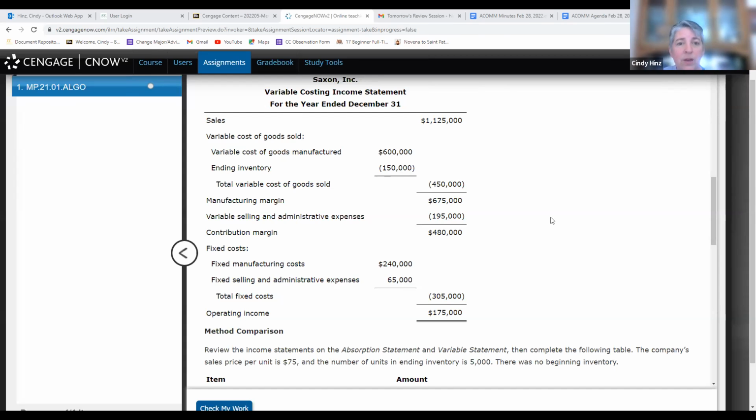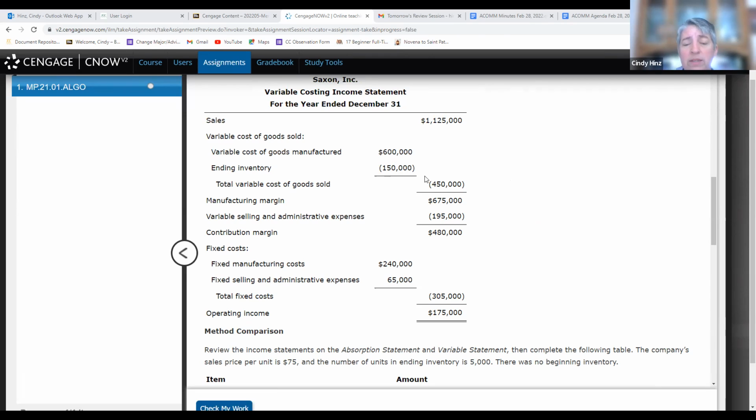And so the income statement under variable costing is mostly unchanged. The variable cost of goods manufactured will go up, but the ending inventory will go up in the same ratio.